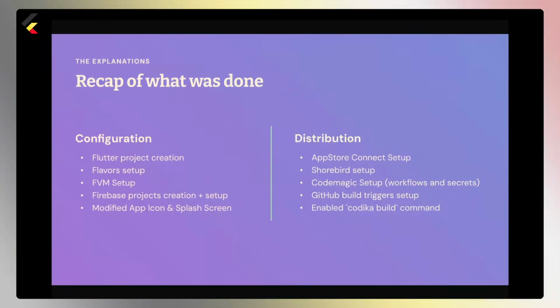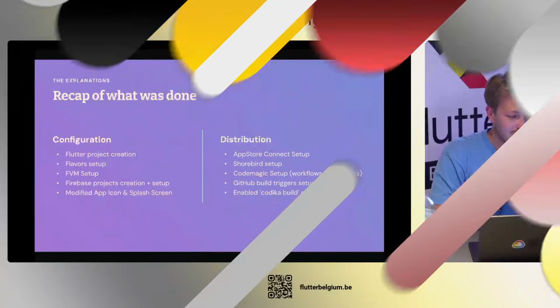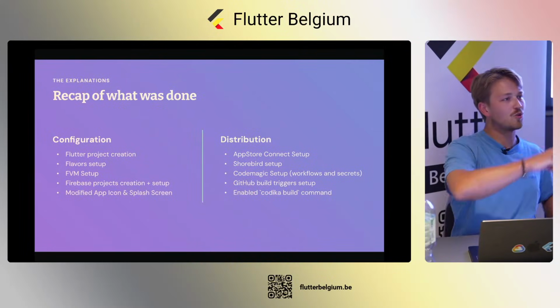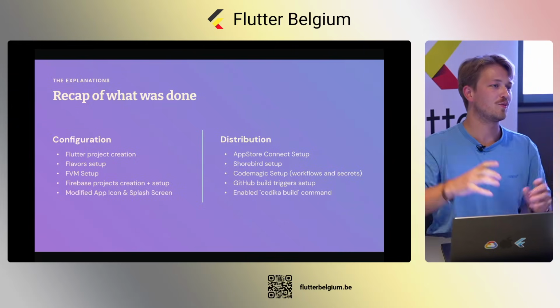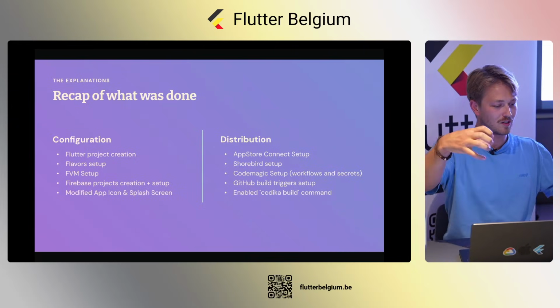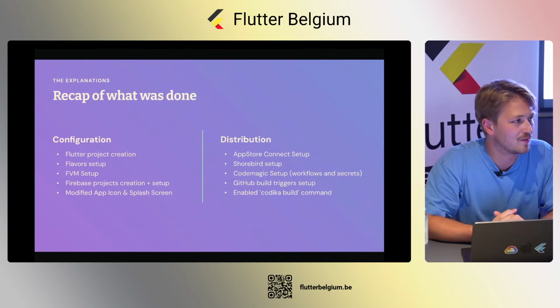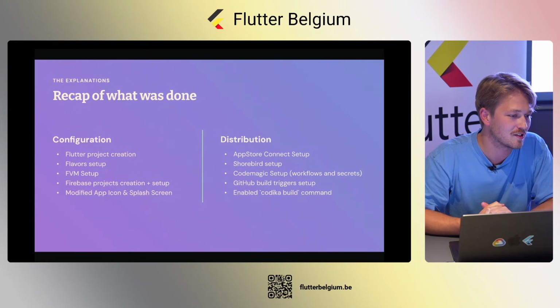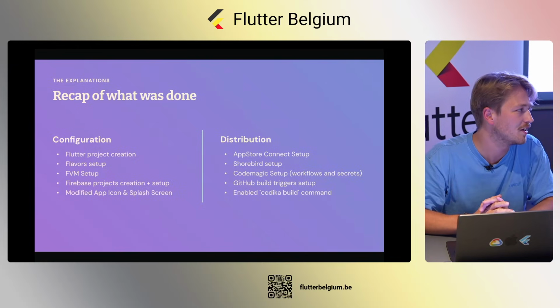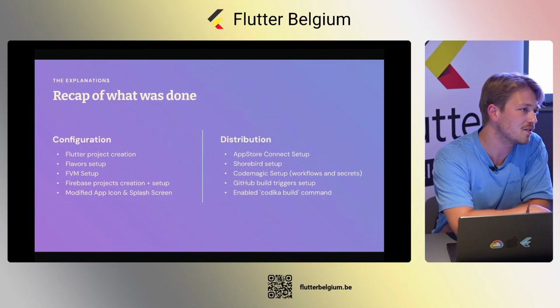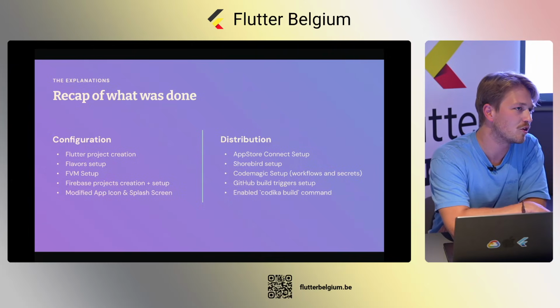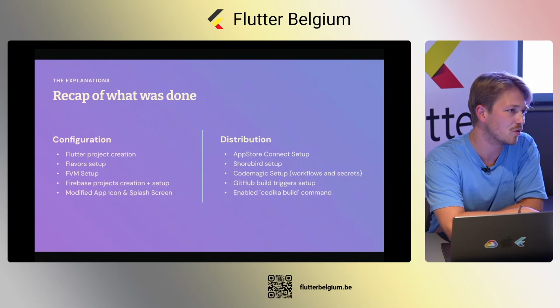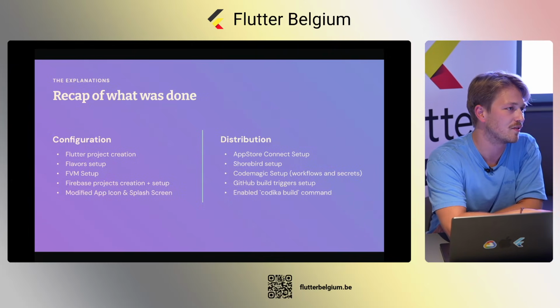So what happened? A lot happened. Your question earlier was how can we have a system that makes blocks glue together? The difficult part of this is about the configuration files actually. If you want to include authentication, well, you need to add the code of the screens, but you also need to change the info plist, for example.